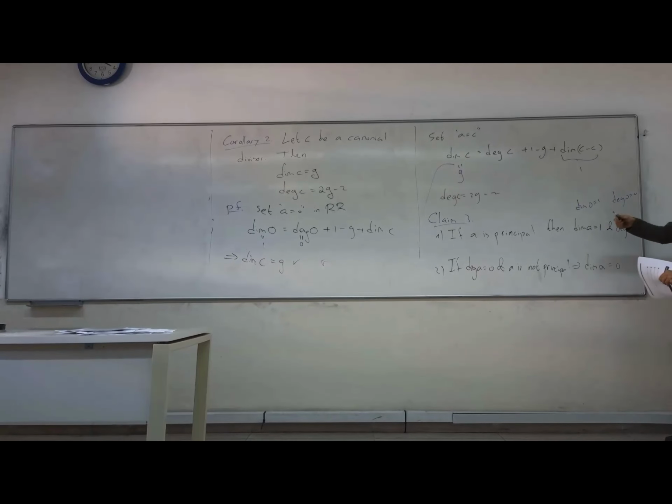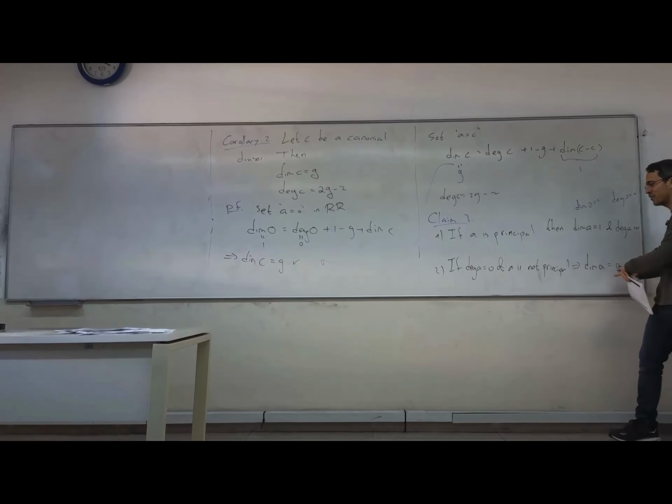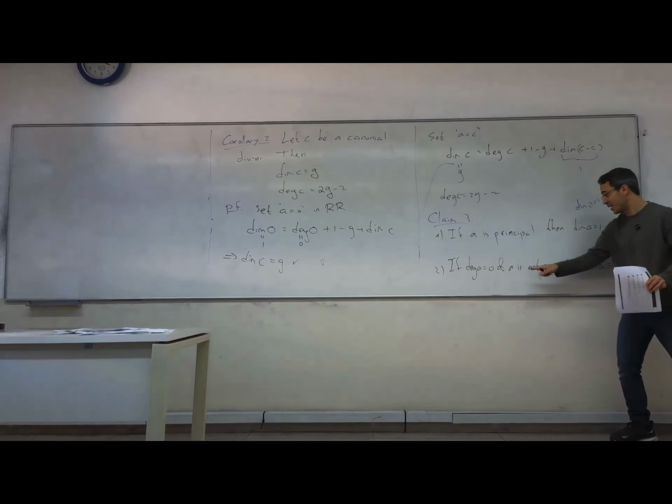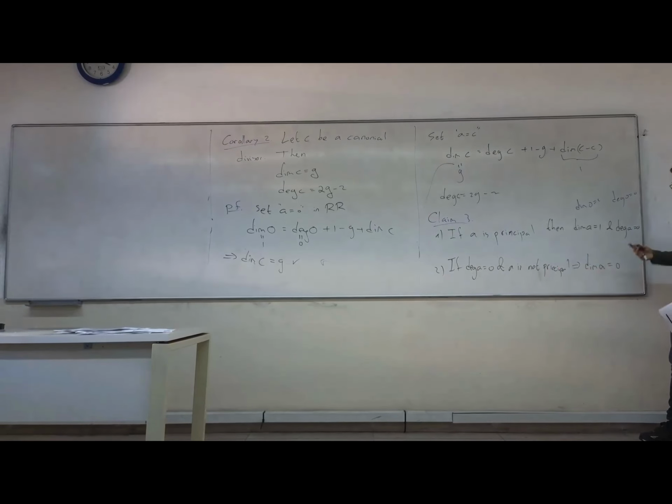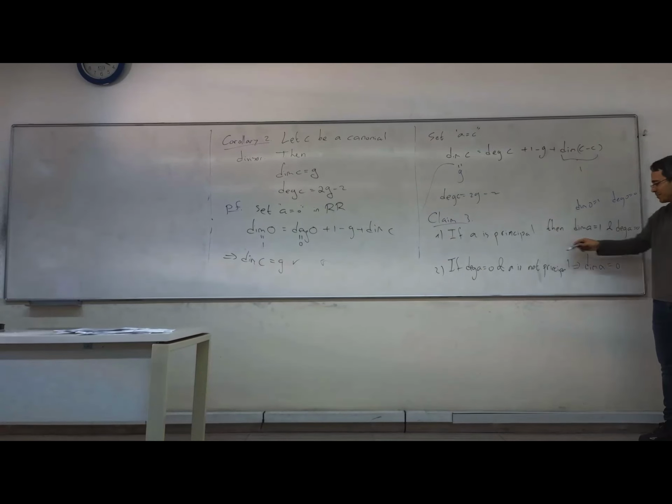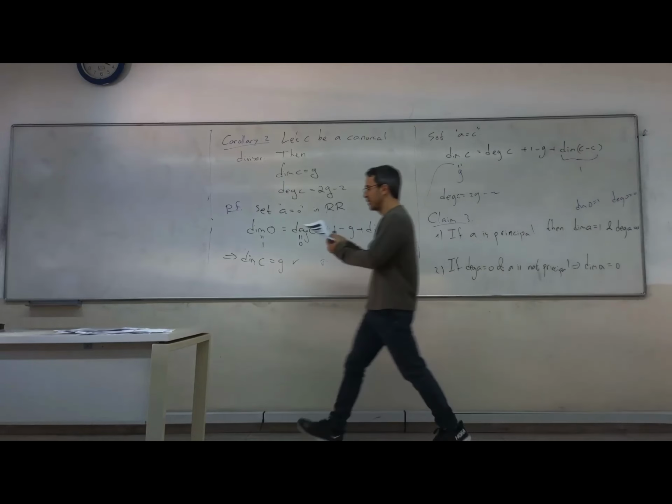But I'll prove the contrapositive because it's nicer: if the dimension is larger than 0, then A is principal. It's easier because it's hard to start working with a negative. It's easier to work with something. If I know the dimension is positive, there is an element in the Riemann-Roch space and I can do something with it. That's the point.